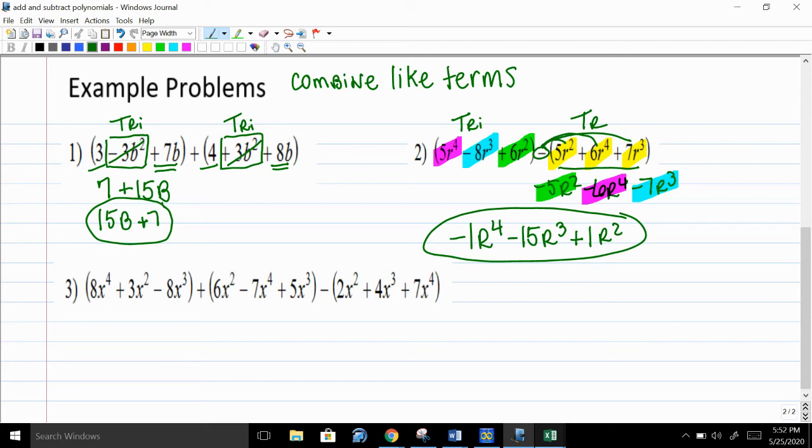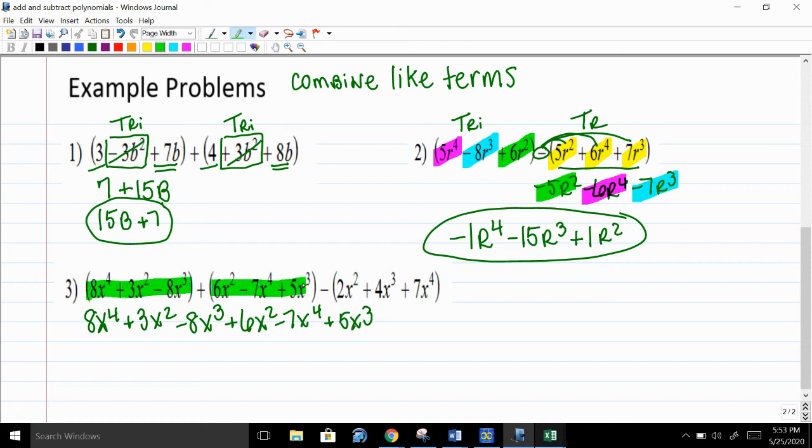If I rewrote this whole problem out, I have 8x to the fourth plus 3x squared minus 8x cubed, plus 6x squared minus 7x to the fourth plus 5x to the third. This trinomial and this trinomial don't need to change. The third trinomial is what has to change because you got a minus sign in front of it.